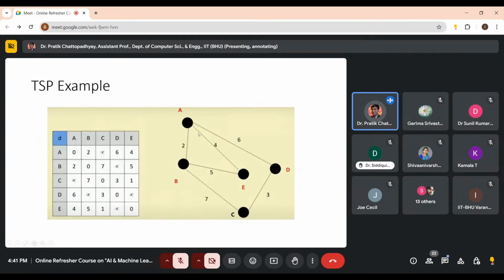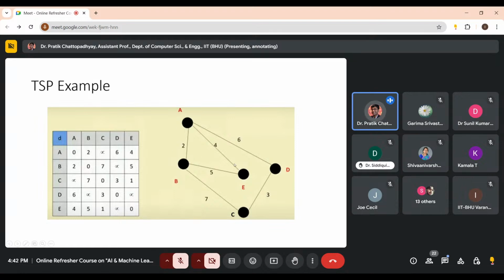Okay, so now suppose the starting city is A. The problem is to visit C, B, D and E, and come back to A, visiting all other cities exactly once, but your total distance traveled has to be minimized. So from A, one option is to go to B, from B to C, C to D, but that does not cover all the cities. E is missed.